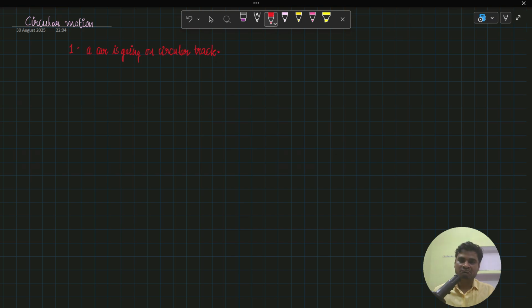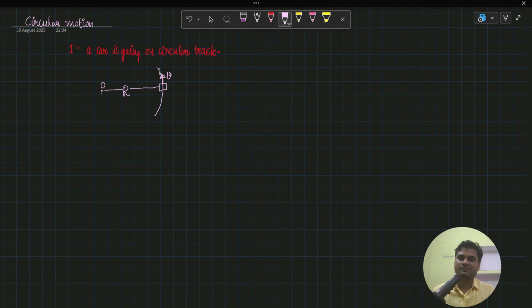to any vehicle. So suppose that this is a circular track with center here at O, and the radius of this circular track is R. And now suppose that our car is going on this circular track with a constant speed v, and velocity will be always different because it's changing direction all the time.